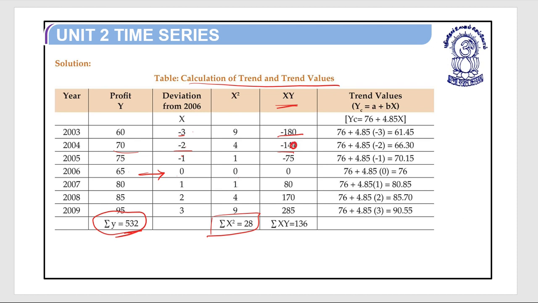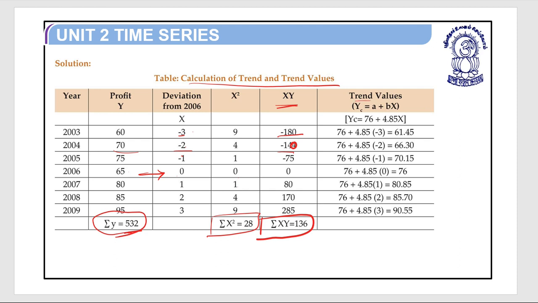Here not 144, it is 140. 75 into minus 1 is minus 75, 65 into 0 is 0, 80 into 1 is 80, 85 into 2 is 170, 95 into 3 is 285. So sigma xy is equal to 136.